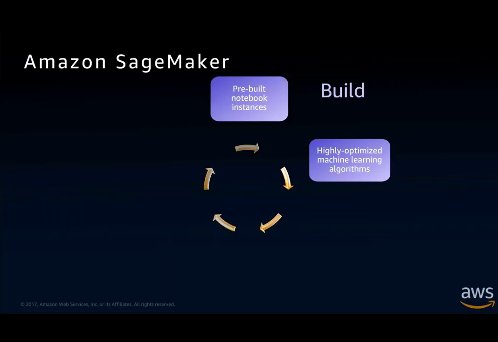Secondly, SageMaker also gives you access to pre-built, built-in algorithms where you don't have to write a lot of custom code. All you have to do is make sure that your data conforms to a certain format, and you use some of these built-in algorithms and don't have to write a lot of code. So your build cycle is really optimized and accelerated.